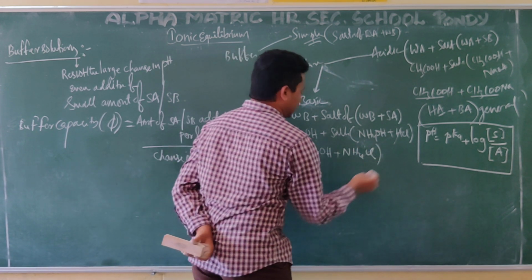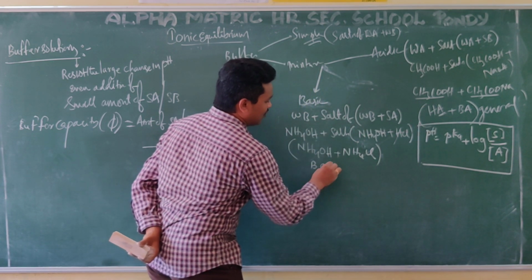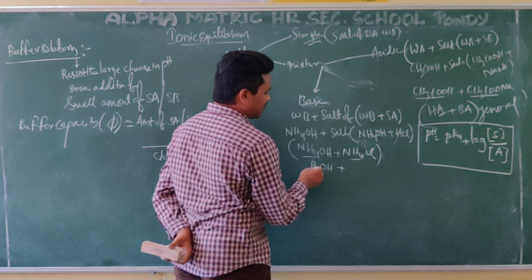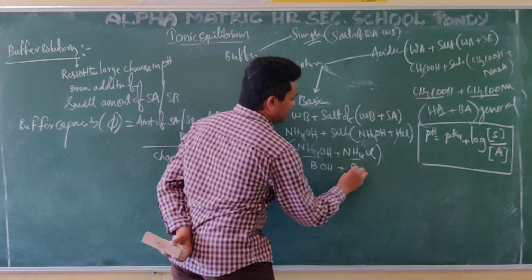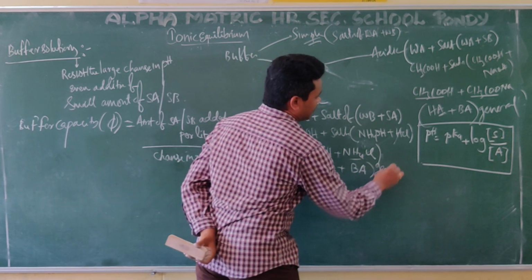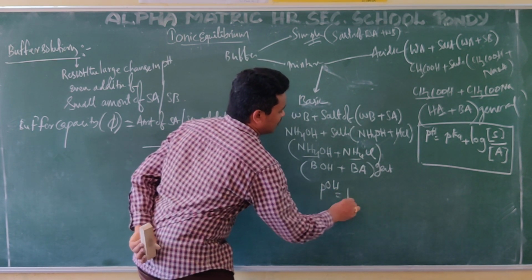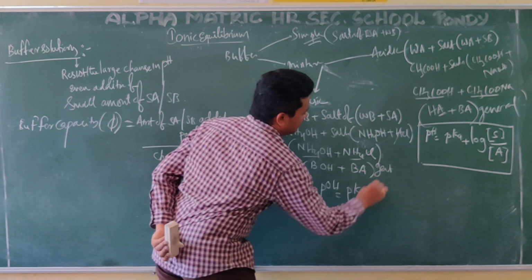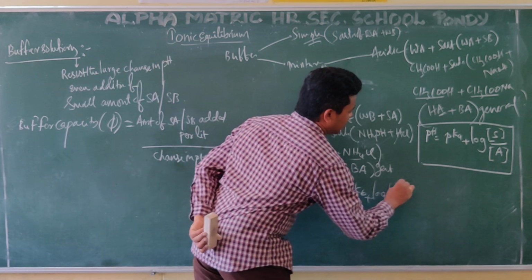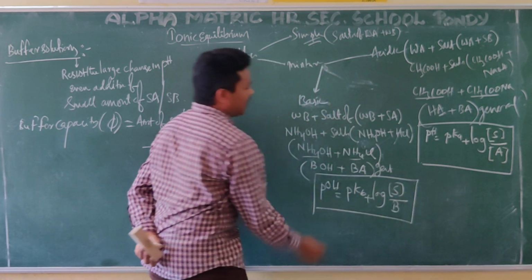This is the example. Here the acid HA and the base BOH, and the positive part NH4 plus is common. BA is the general format. The formula is pOH equals pKb plus log of salt by base.